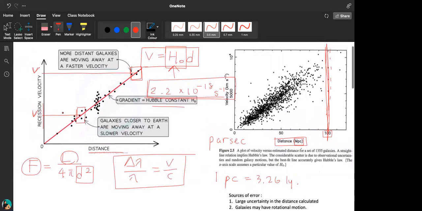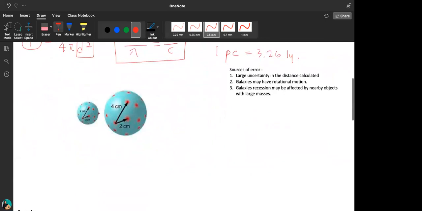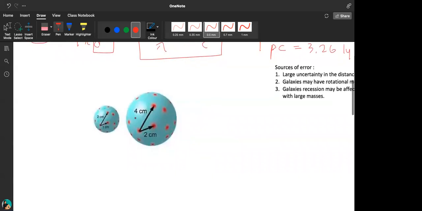The way you think of this is you can think of it like the expansion of the universe, right? It's like a dot on the balloon. Imagine you place the dot on the balloon and then you inflate the balloon. Think of the balloon like the fabric of space.